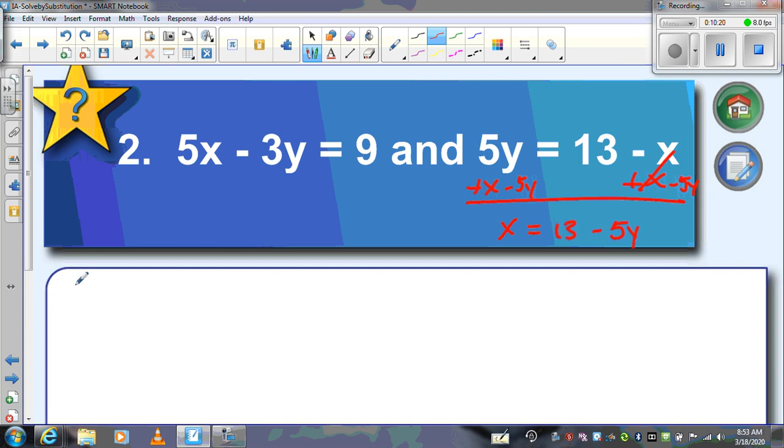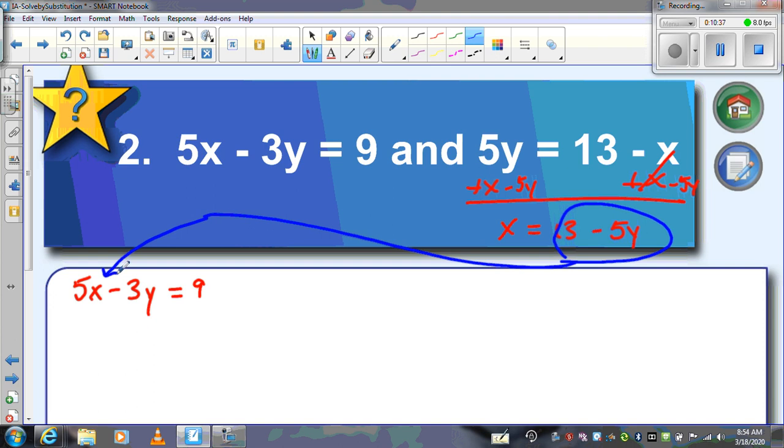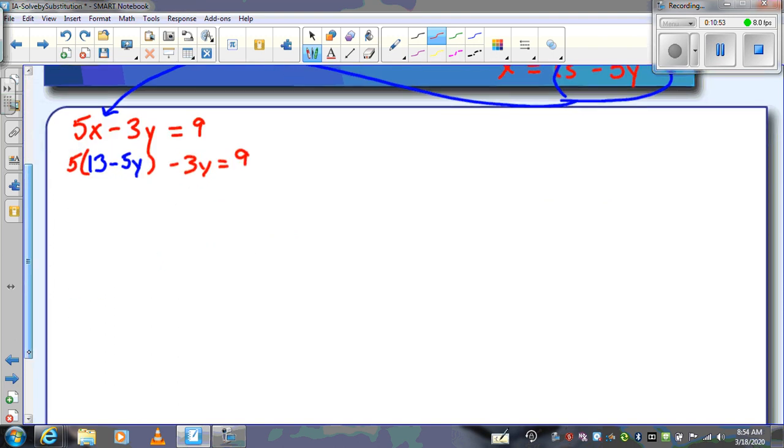Okay, so let's begin. We're going to start with our first ESA. We're going to take one of the equations here, and it has to be the other one. And I am going to plug this expression right in for x, because x and the expression are the same value. Okay, so now we're going to use our distributive property here.